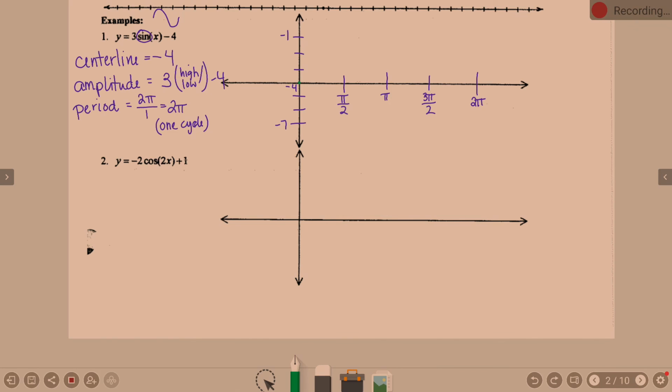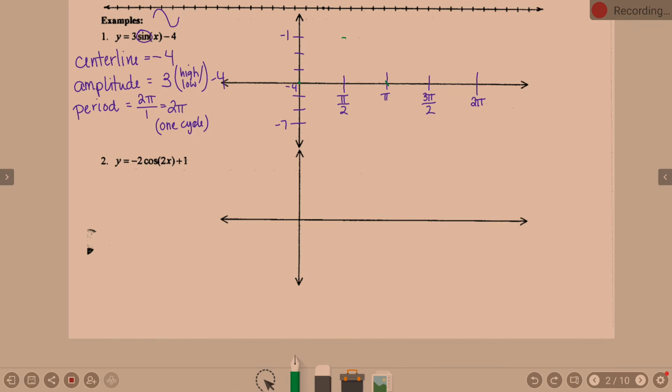It's going to go up, and I kind of like to put some marks here, and I'll connect my marks in the middle. And it's going to have a max a fourth of the way through my period, right? So I'm going to have a max above pi over 2. Halfway through, which is pi, I'm going to have what I would call a 0. So I'm going to cross through at pi.